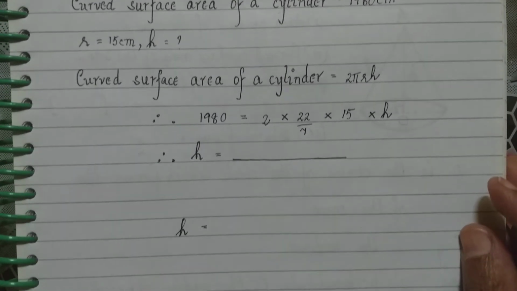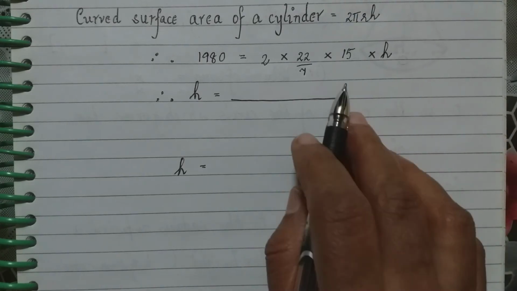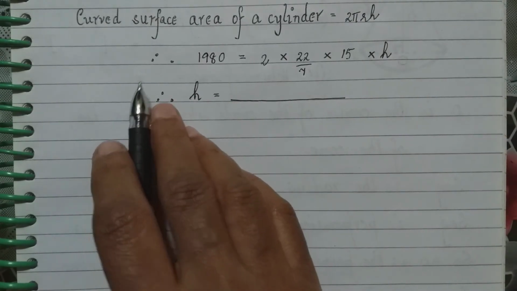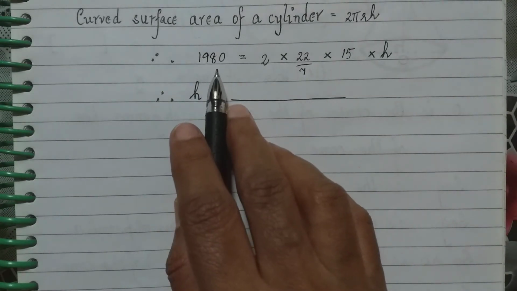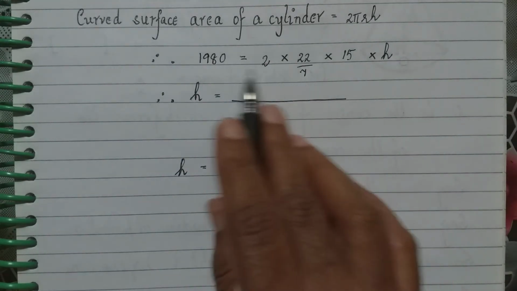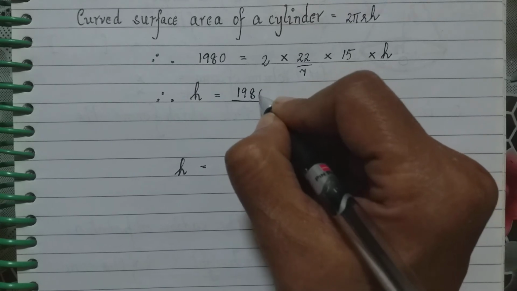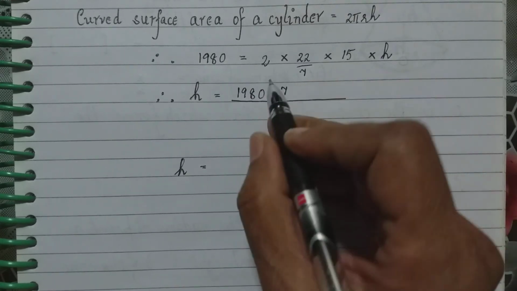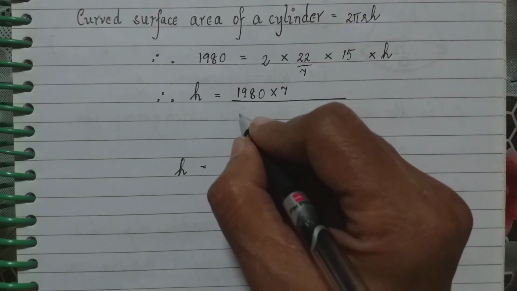Now if I have to find H, what do I do? I leave H on one side and take all the other terms to the other side. So when I take them to the other side, H is equal to 1980 into 7, and this 2 into 22 into 15 comes to the denominator.